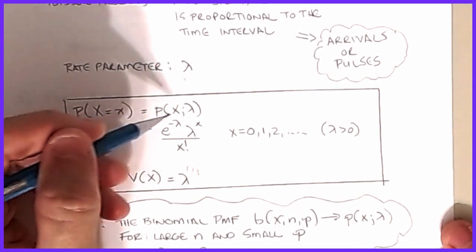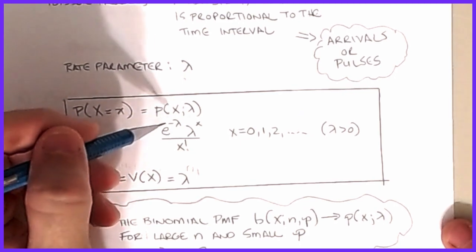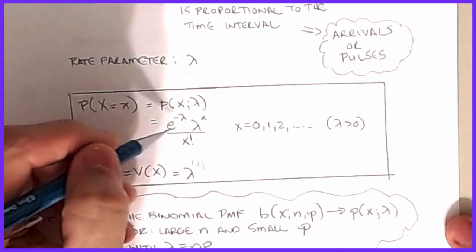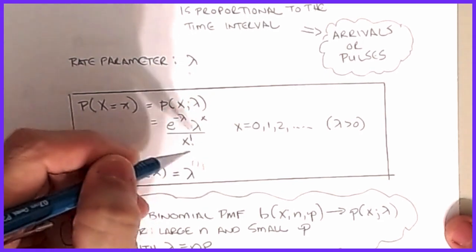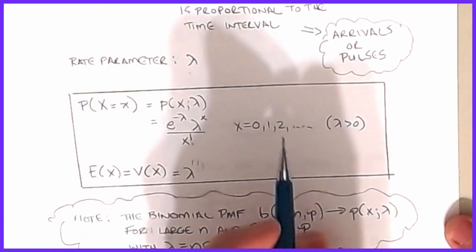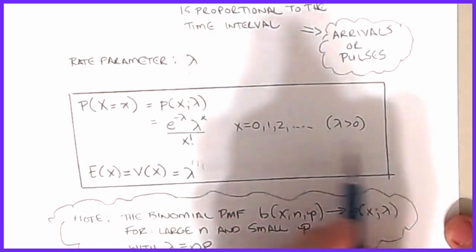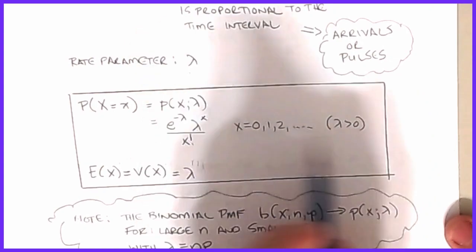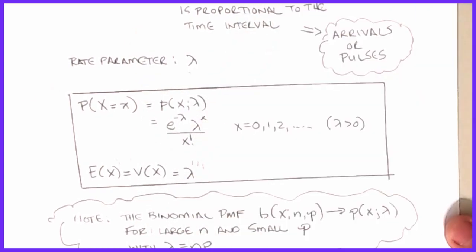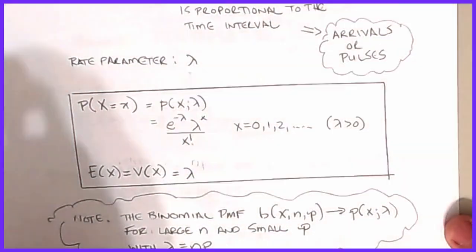It has x and then lambda. I have to know both. And the basic formulation for this process is e to the minus lambda times lambda raised to the x power all over x factorial. Okay, and where x is equal to 0, 1, 2, or any positive value. Okay, and also that lambda is always greater than 0, that it's a rate type of problem, all right?